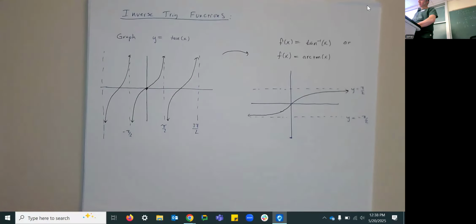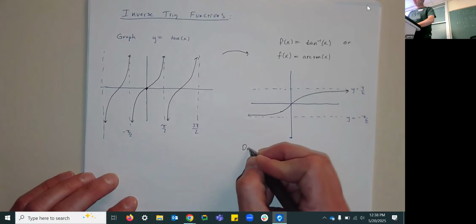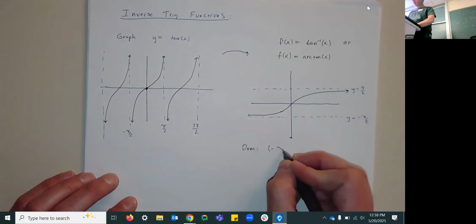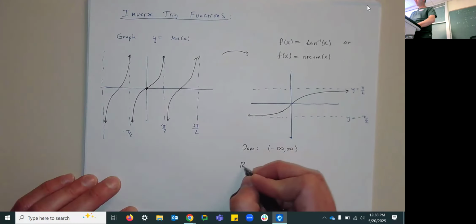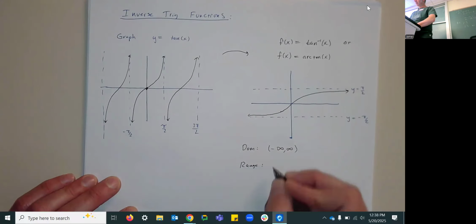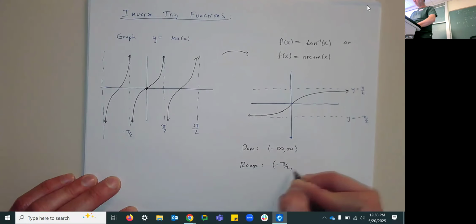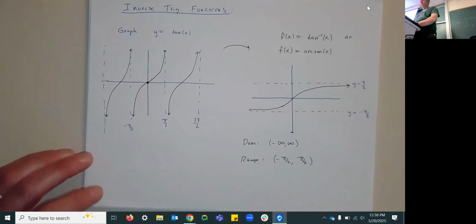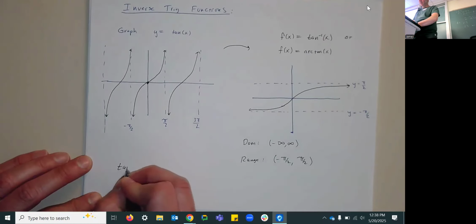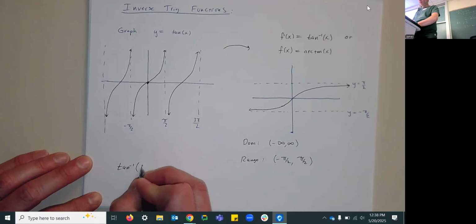And since we're here, we might as well say the domain of this function is all real numbers, everything from negative infinity to infinity. The range of this function is negative pi over 2 exclusive to positive pi over 2 exclusive. And then we could ask questions like, what's the inverse tangent of 1?